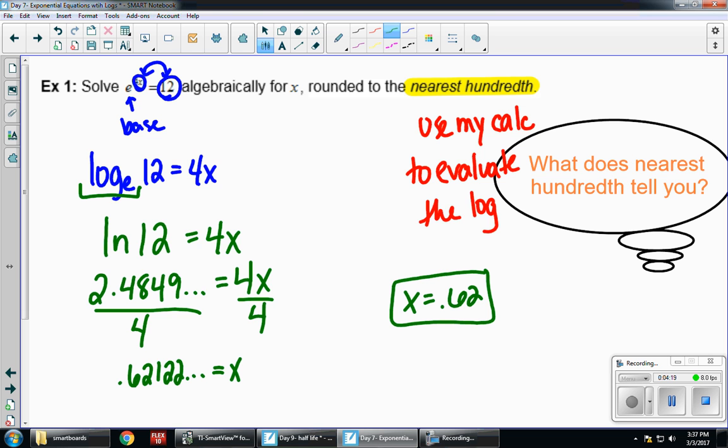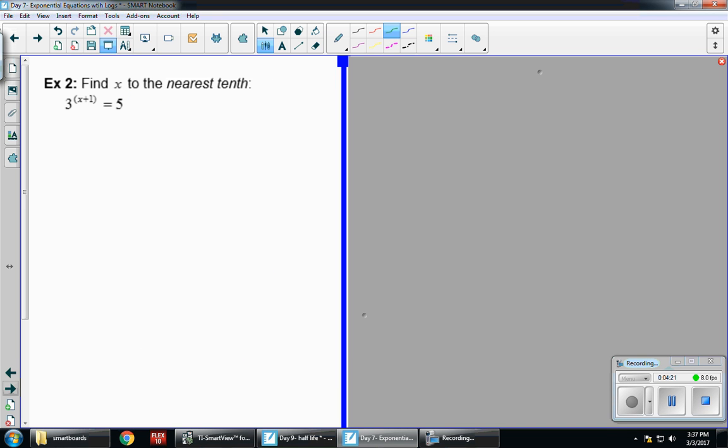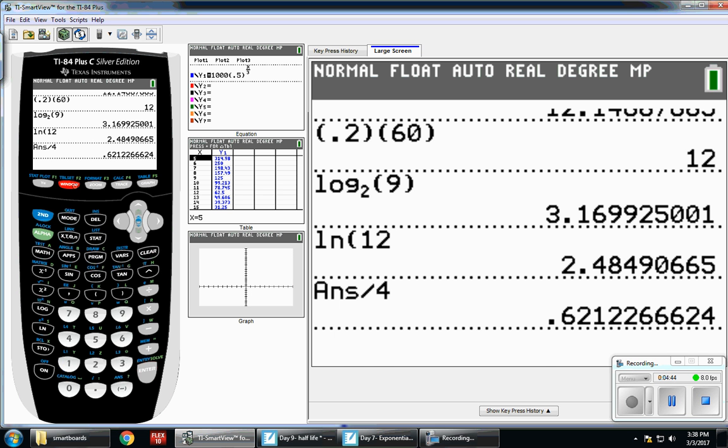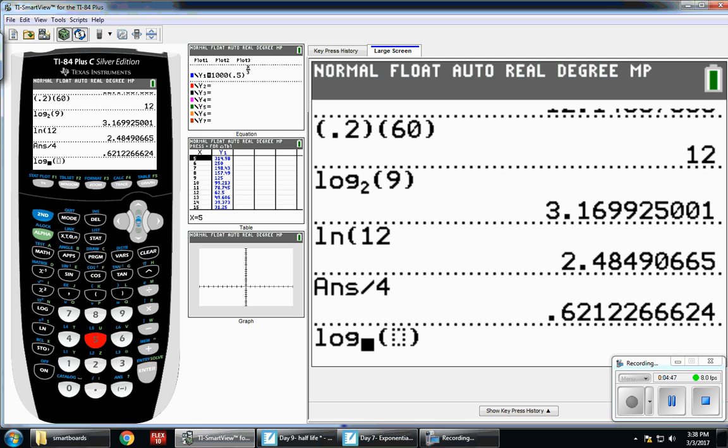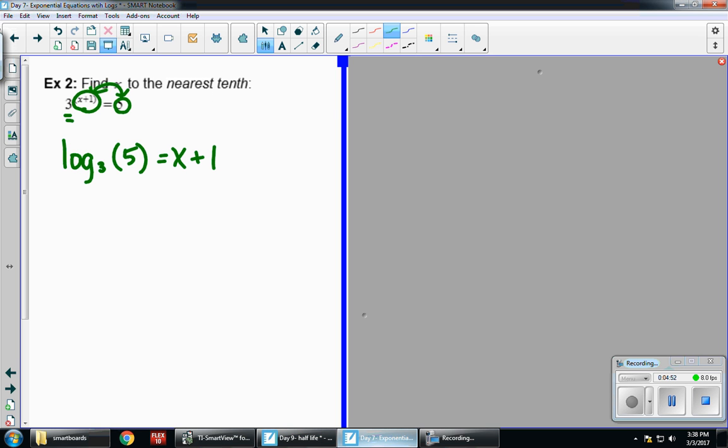Let's take a look at another one. Find x to the nearest tenth. 3 to the power of x plus 1 is equal to 5. So keep my base, log base 3 of 5, because these are now going to switch places, is equal to x plus 1. So now in my calculator, alpha window 5, log base 3 of 5.